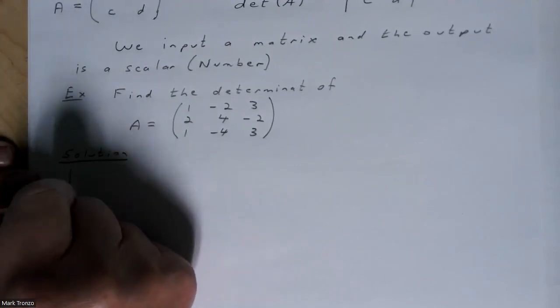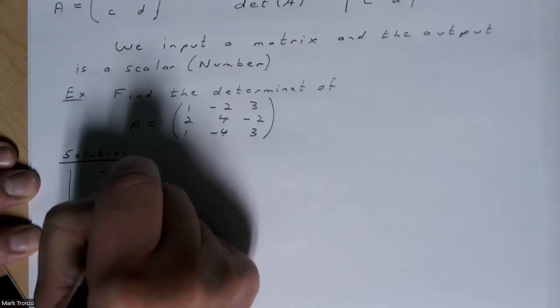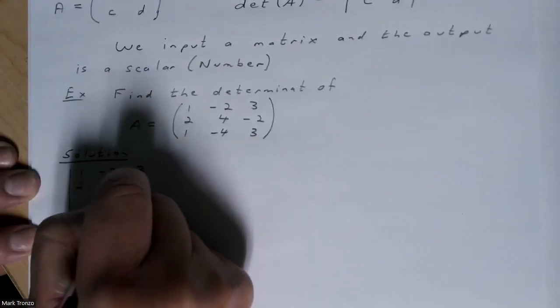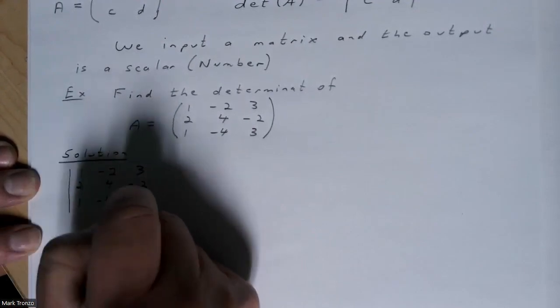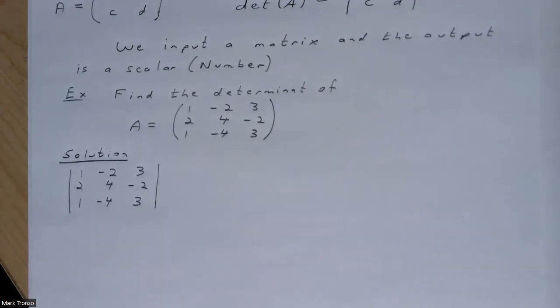So here, let's say I have 1, -2, 3, 2, 4, -2, 1, -4, 3, like this. And so what we want to do, again, there are many ways to do this, but I'm going to show one particular way, and then it'll be easy to do them in the future that way.